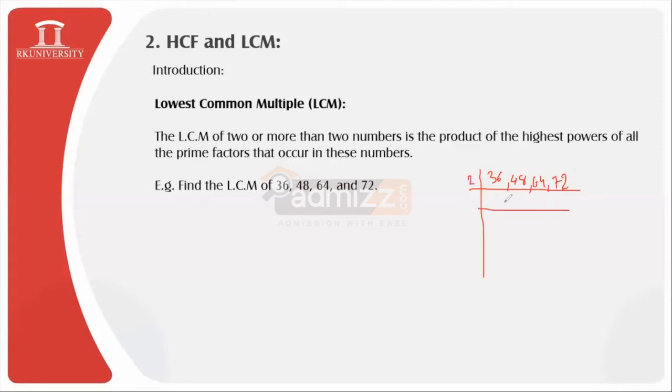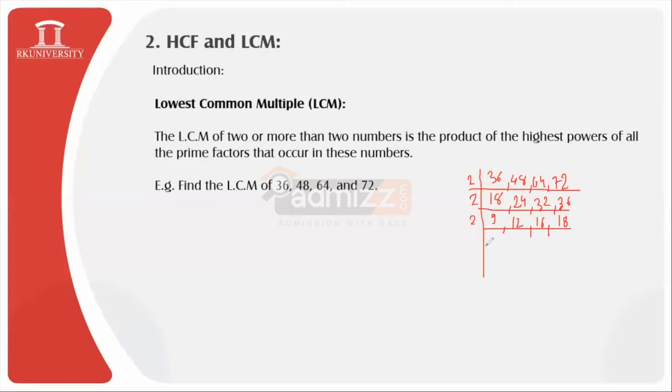So 2 divides 36 to give 18, then 24, then 32 and 36. Then we will once again simplify further with 2 itself: 2 into 9 is 18, 2 into 12 is 24, 2 into 16 is 32, 2 into 18 is 36.